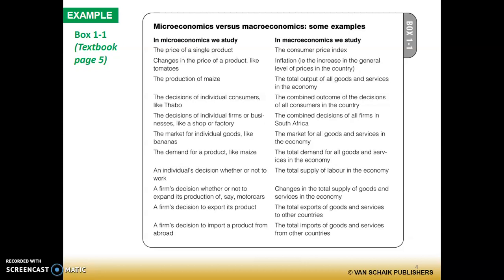Another one: in microeconomics, we study the decisions of individual consumers, and in macroeconomics, we study the combined outcome of all the decisions of all consumers in the country. So you can read through the rest of the examples.